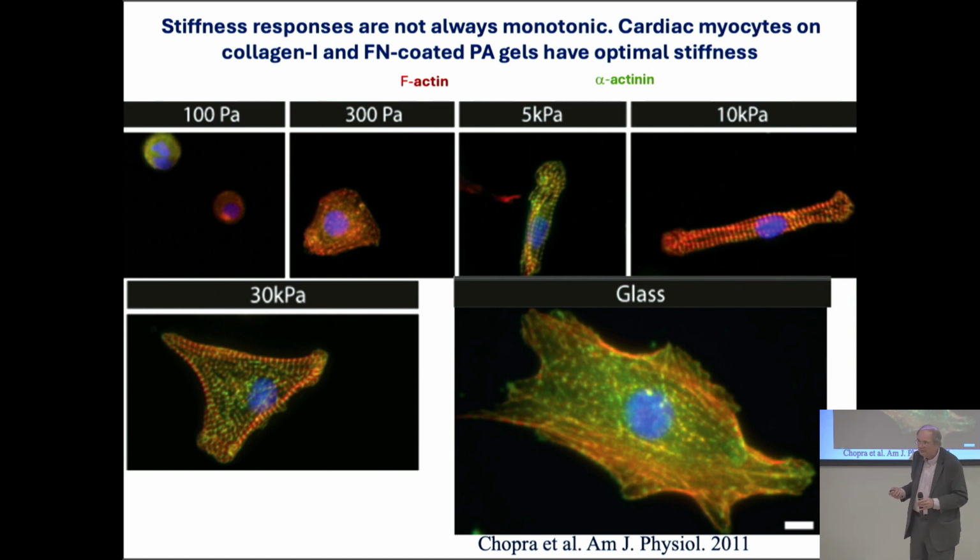And something that is probably relevant to heart disease is if you put them on materials that are stiffer than normal, but not crazy stiff like glass, but as stiff as an injured heart tissue during a heart attack, for example, that scarred heart has a stiffness that's bigger than the normal heart, and that stiffness itself will cause surviving heart cells to begin to malfunction. Okay, so there's that.